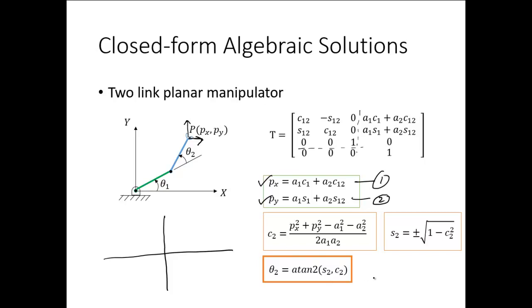Which means that if we have something like atan2, and maybe this is y comma x, it depends on the particular sign of x and y. If y is positive and x is also positive, then the angle theta 2 will be in the first quadrant. And if y is positive but x is negative, then the atan2 function would give us theta 2 in quadrant 2.